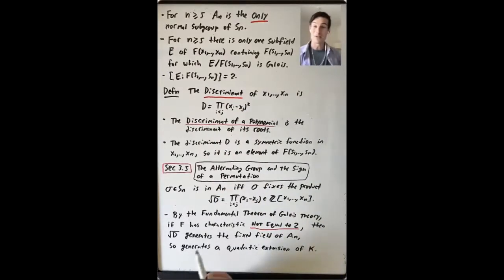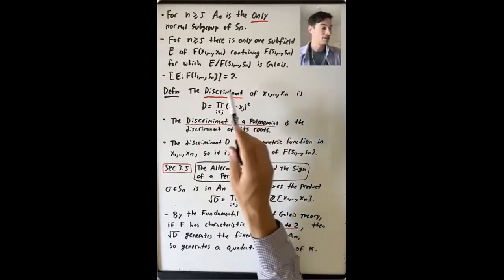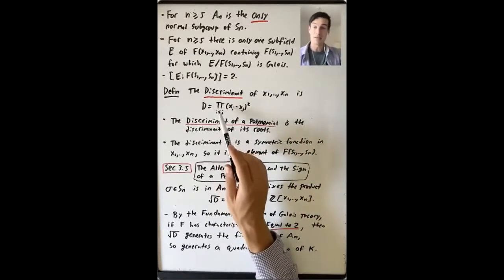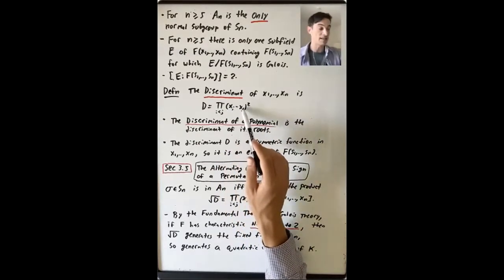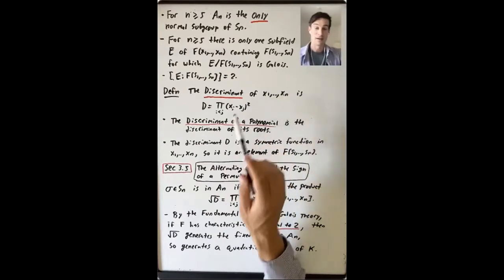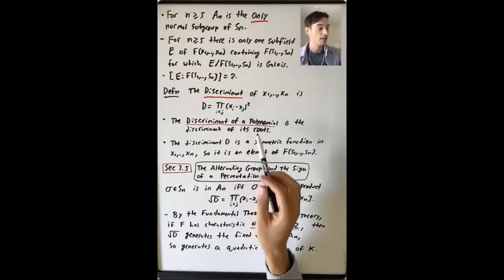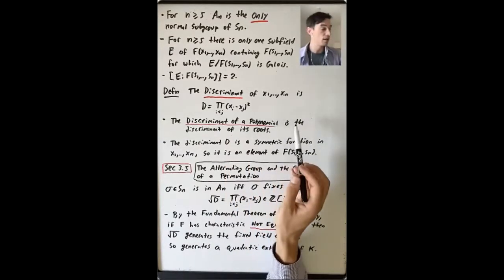Okay, now we'll talk about the discriminant. So the discriminant of x1 up through xn is defined to be the product over all pairs i and j, so let's say i is less than j, of (xi minus xj) squared. So for every pair of roots, you take the square of the difference between them. What is the discriminant of a polynomial?